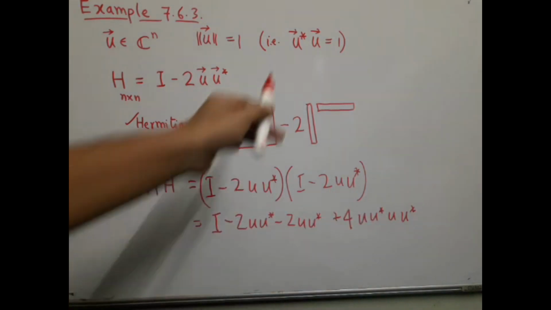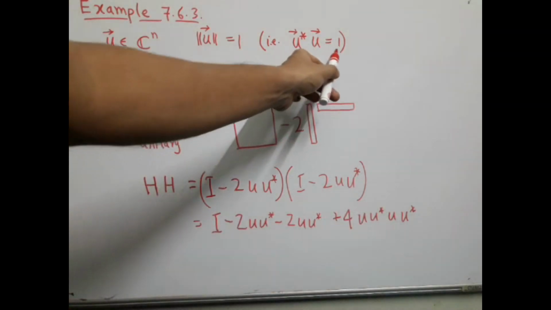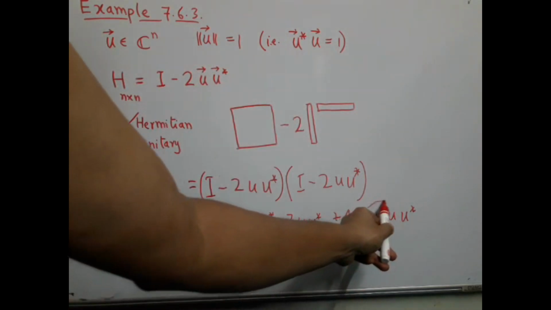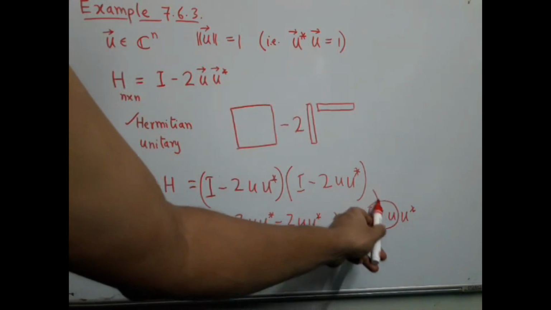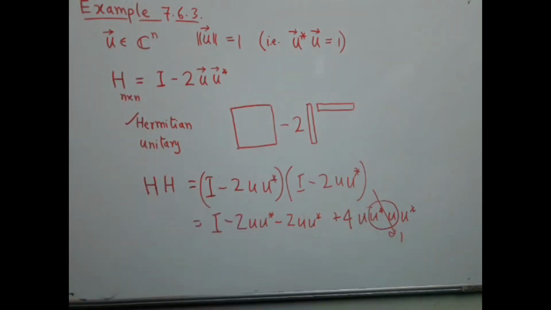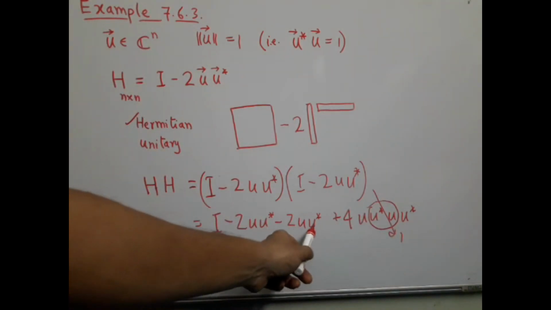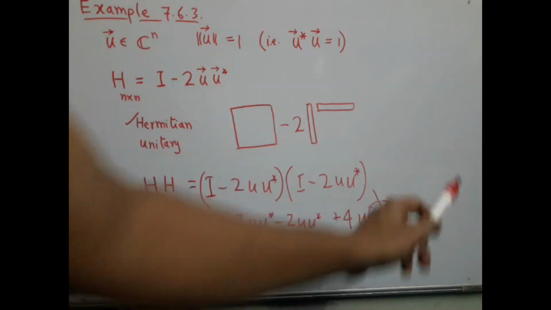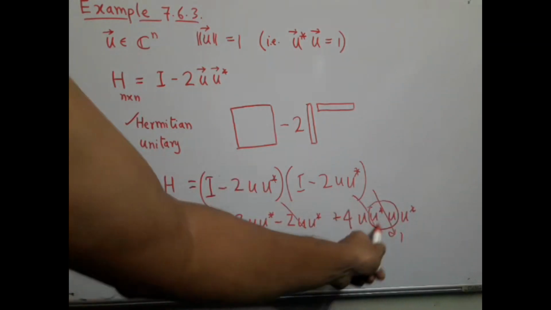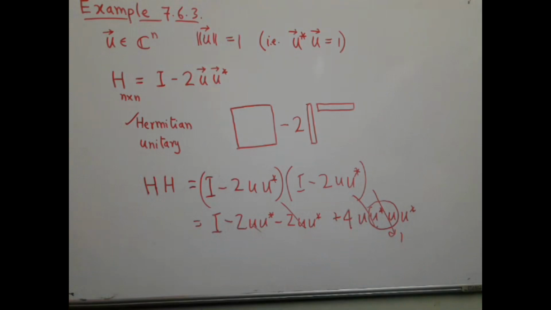Now it is here that I use the fact that u star u equals 1. I can see that I have got a u star u here, so this is simply 1. As a result, I get minus 2 u u star, minus 2 u u star, plus 4 u u star, all these things just cancel out, and I am left with simply the identity matrix showing that this H is unitary.